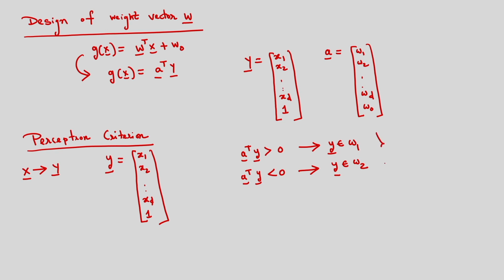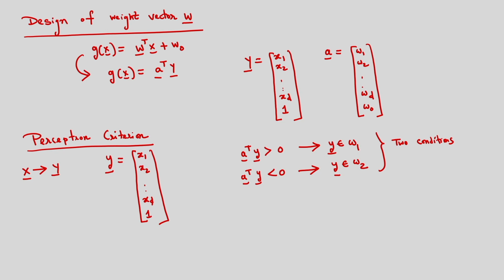So, in this case, we are considering two criteria for decision making, but how to make it one criterion? For making one criterion, we consider all the training samples of omega 2, because we are considering two classes omega 1 and omega 2.